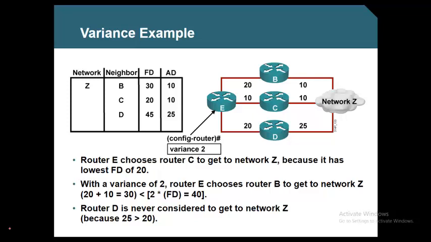Lowest metric. Now, do we have a feasible successor for the destination Z? Do we have a feasible successor for the destination Z?